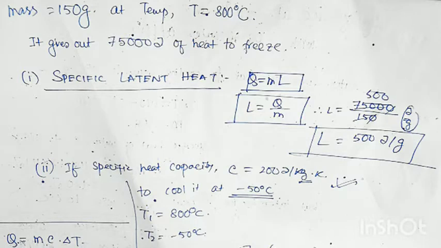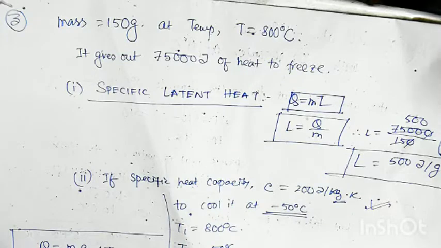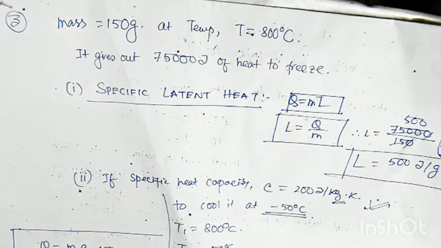When it is allowed to freeze at the same temperature, it gives out 75,000 joule of heat energy. So how much energy does it emit to freeze? 75,000 joule. It asks 2 questions. What is the specific latent heat of the metal? Means we have to calculate the L, and the first portion, let's solve it first.